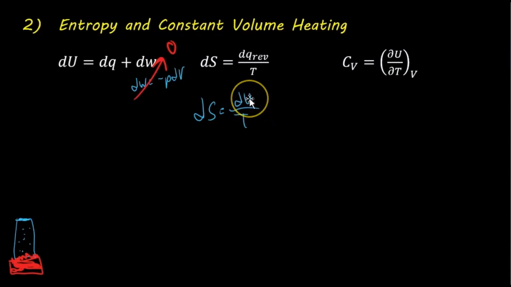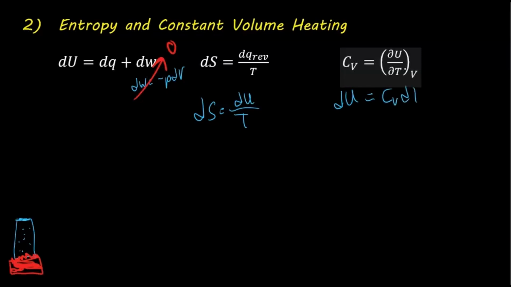And to get an expression for PVT data, so to speak, we're going to invoke the heat capacity, just like last time. The heat capacity at constant volume is equal to the partial derivative of the internal energy with respect to the temperature, holding volume constant. And we can rearrange this to get dU equals Cv dT, constant volume.